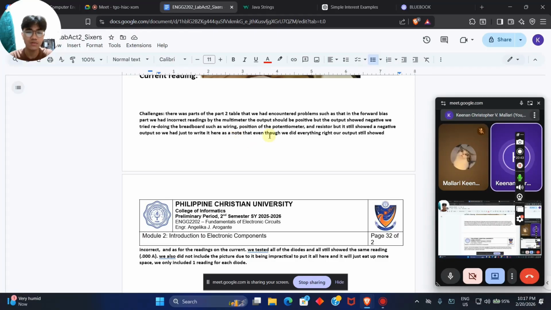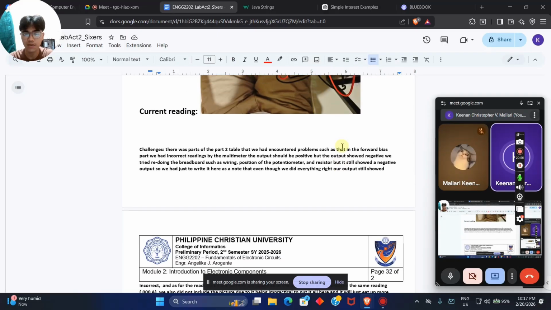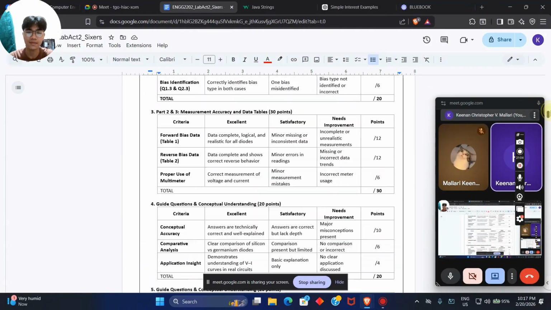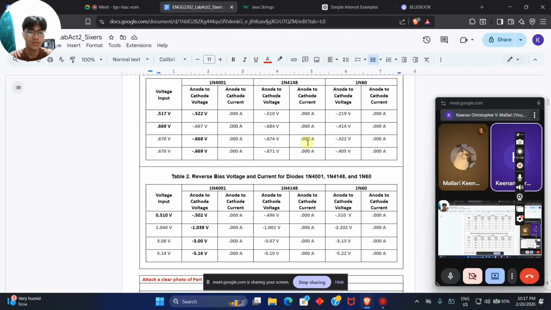There are parts of the part 2 table where we encountered problems, such as in the forward bias part. We had incorrect readings from the multimeter: the output should be positive, but the output showed negative. Yes, that was the case. Let's check the table. Here are examples.